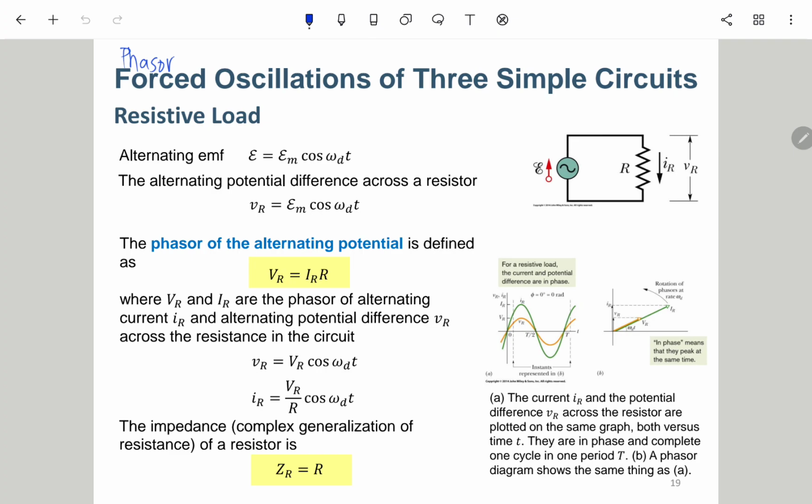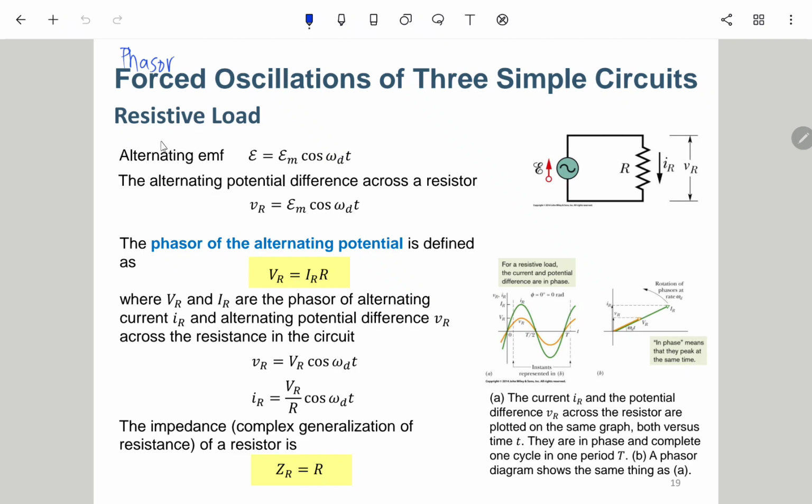So I already changed it from the textbook. Let's see it one by one. We have 3 fundamental elements: the resistor, capacitor, and inductor.